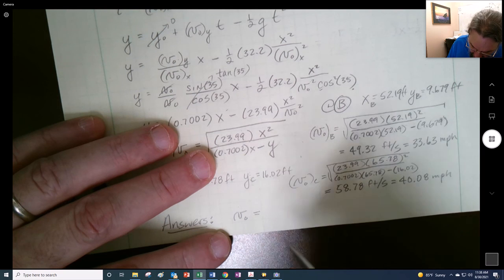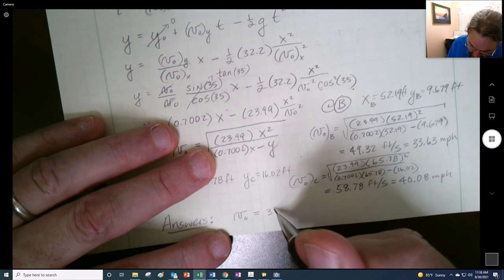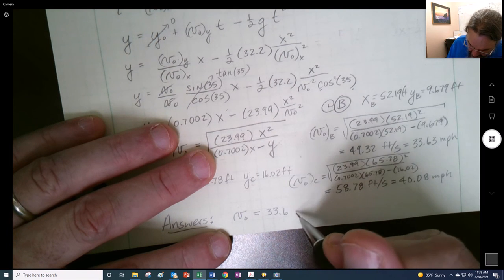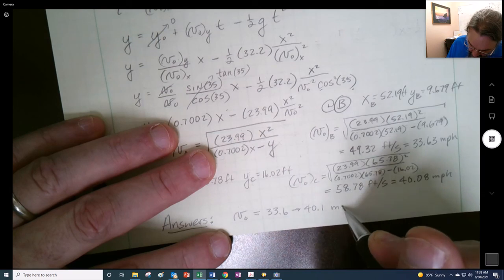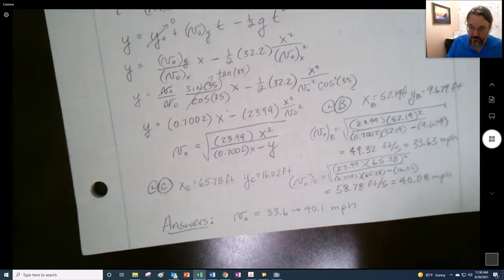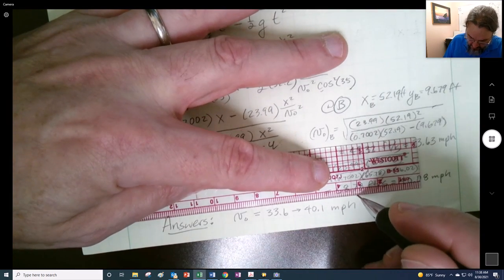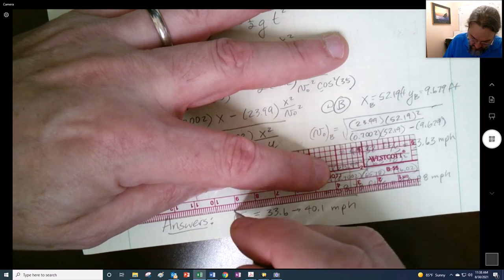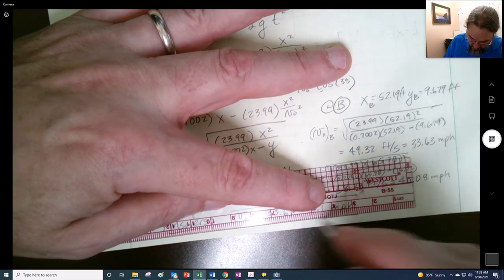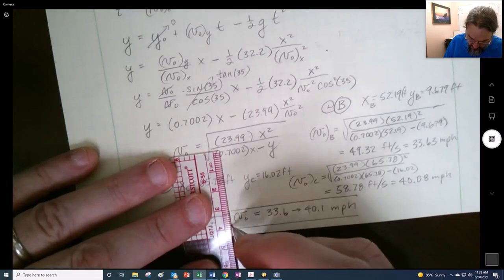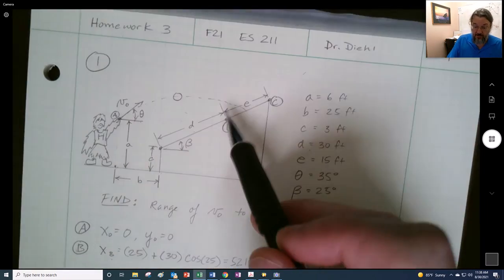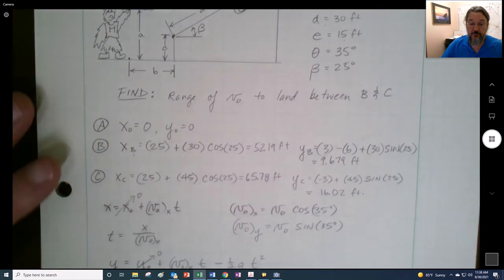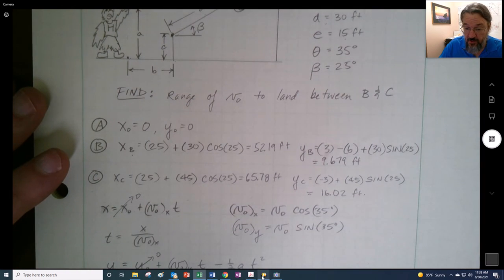VO is going to be equal to 33.6 to 40.1 miles per hour. And I think that's good enough. That's the range of initial velocities that I'll need to be able to hit it between this point and that point. All right, next up.